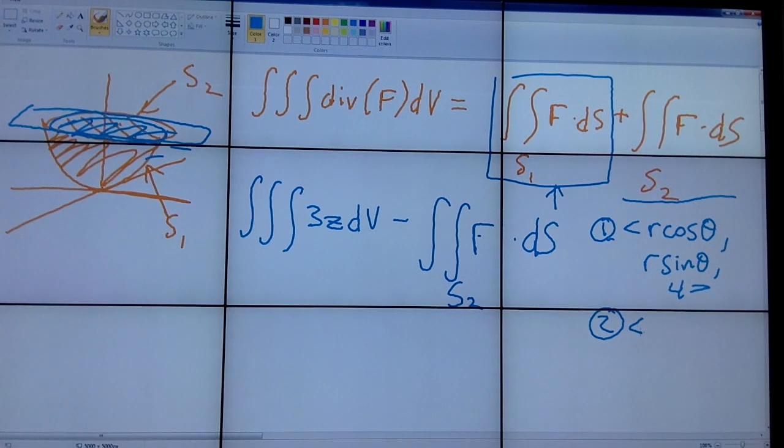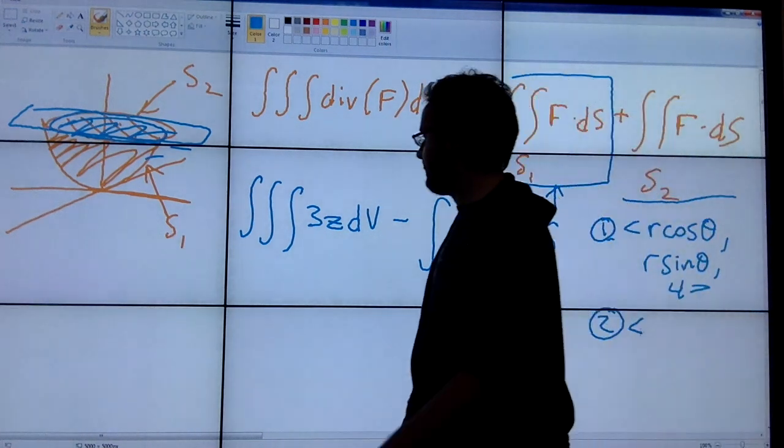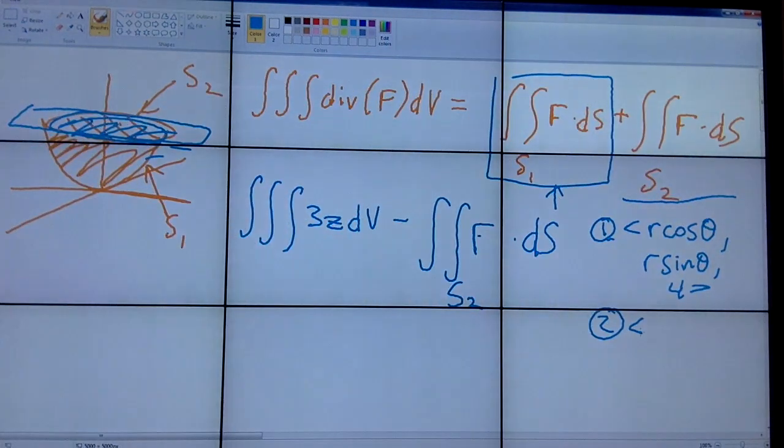let me do this in my head really quick. Cosine theta, sine theta, 0. Give me a second, guys. i, j, k, r cosine theta, negative r sine theta, r cosine theta, 0.